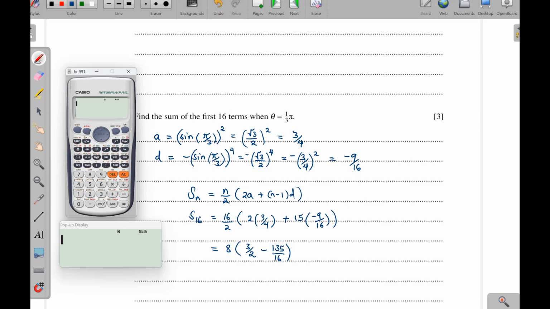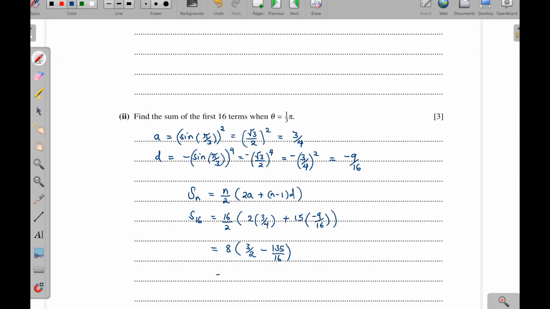Now putting everything in the calculator, what we have, 8 into 1.5, then minus 135 out of 16. Then we close. This one is negative 111 over 2, which can be negative 55.5, and that is that.